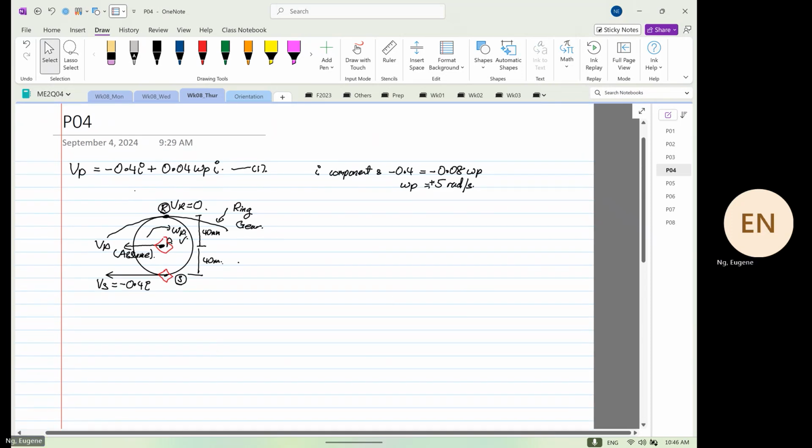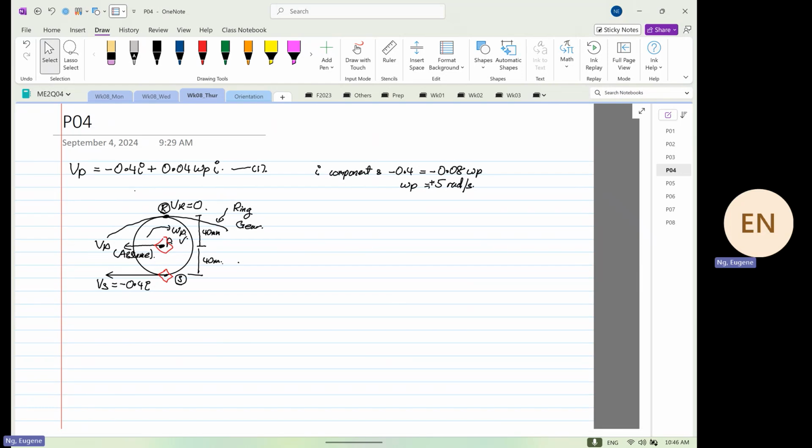Right. So if we were to look at this vector, we know that omega p is in a clockwise direction.